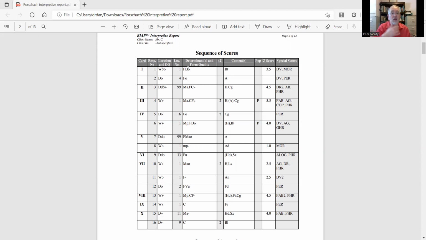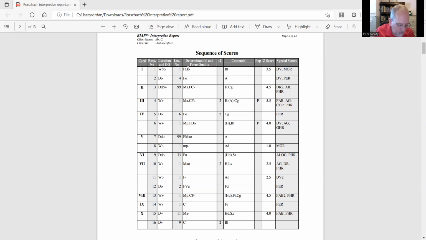So it gets real complicated because if you read, FD means responses using three-dimensionality based only on the form. So in other words, if the person gives a response that somehow suggests they're saying something in 3D based only on the form of the card, then that's where FD applies.